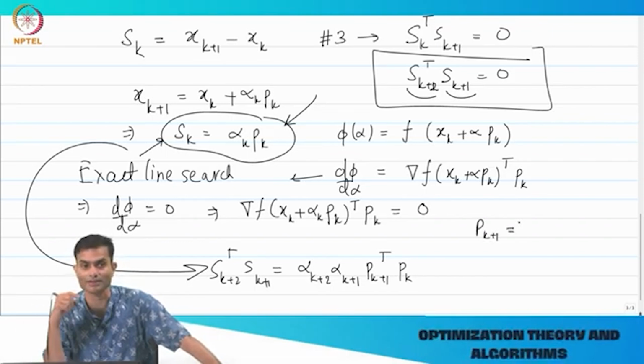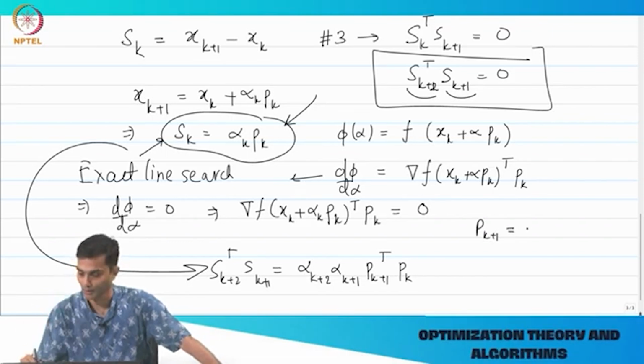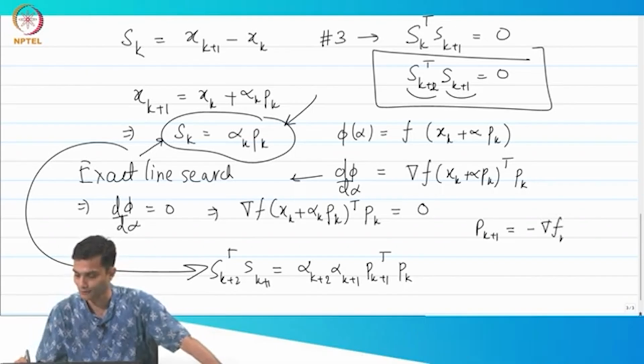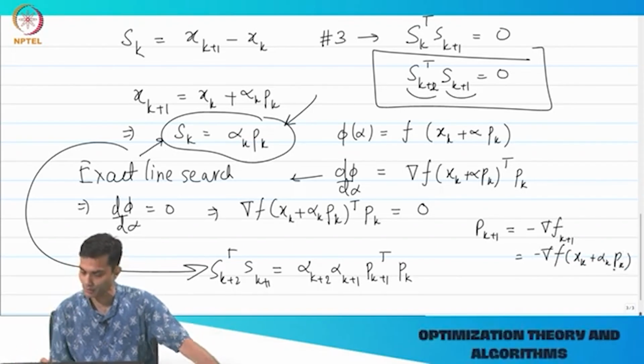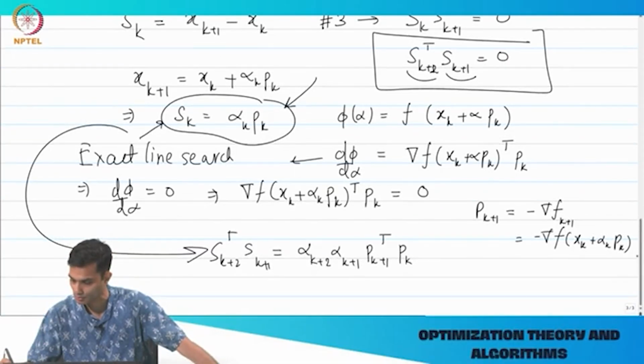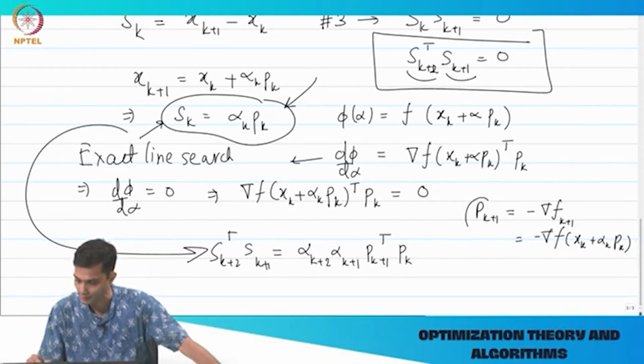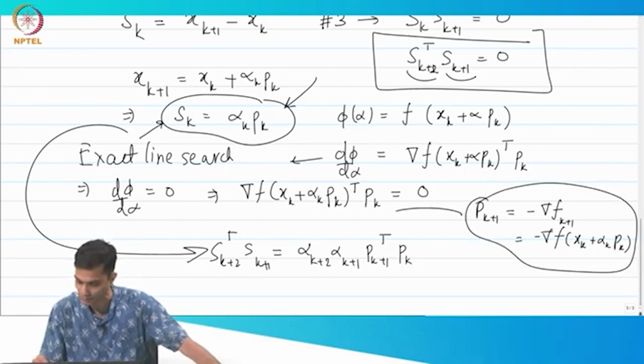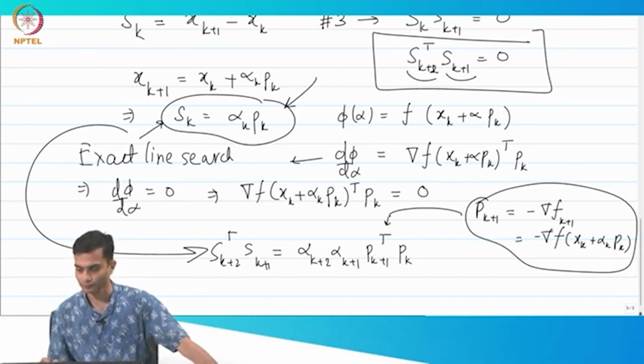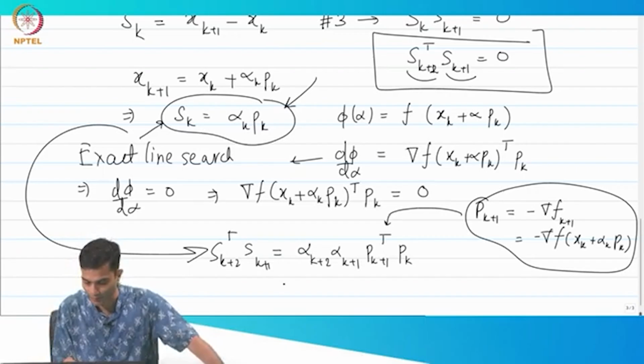We are doing gradient descent, right. So, pk plus 1 should be minus grad f k plus 1, which is nothing but minus grad f of xk plus alpha k pk, right. Now this expression over here I can substitute over here, right. What am I going to get?